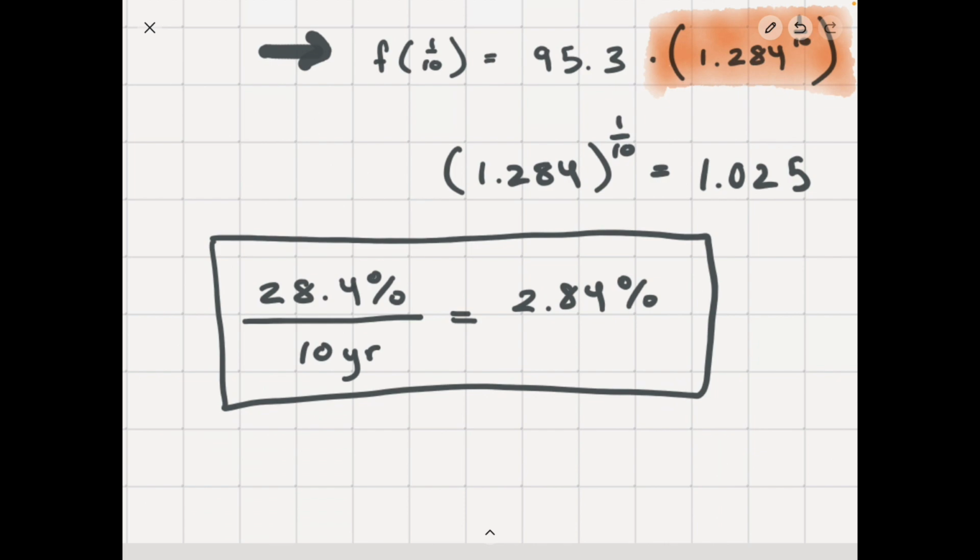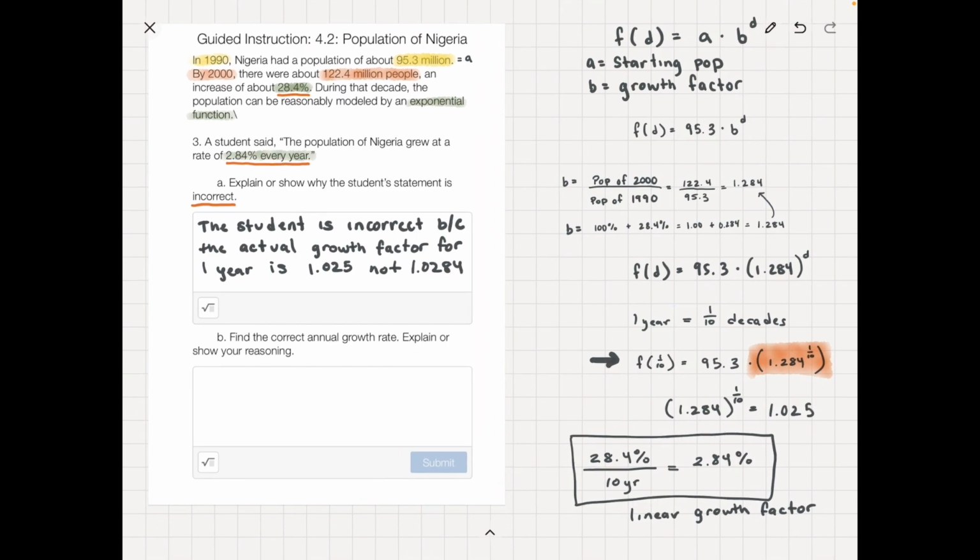So to get to 1 year, you would divide by 10. This is how you would find a linear growth factor, right? If it's increasing by the same amount every year, that represents linear, but we don't have that. We have exponential. So this is our exponential growth factor right there, which is 1.284 raised to the 1/10th power.